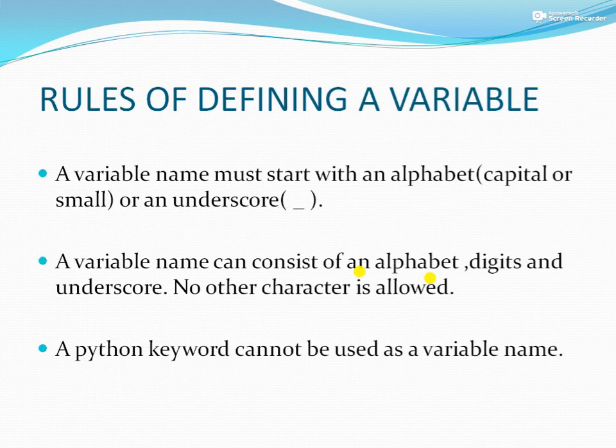Students, there are some rules of defining a variable in Python. While you are developing a program, we must follow all those rules. So let us see what are the rules of defining a variable in Python. First, a variable name is a combination of alphabet, digit and underscore.